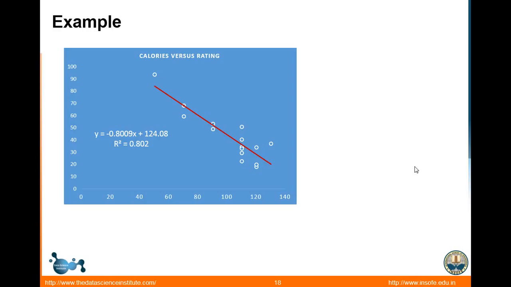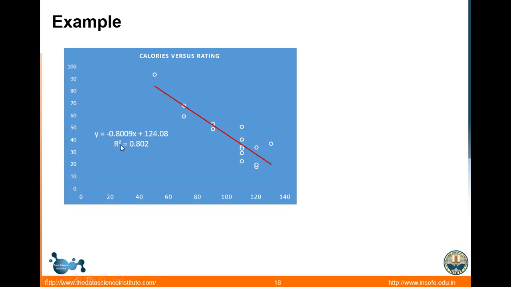We have a straight line, but the trend is downwards, and that is the reason why we see the coefficient of x, that is calories, has a negative relationship with the rating, which is y. Here y is the rating and x is the calories per serving, and we see there is a negative relationship between x and y.